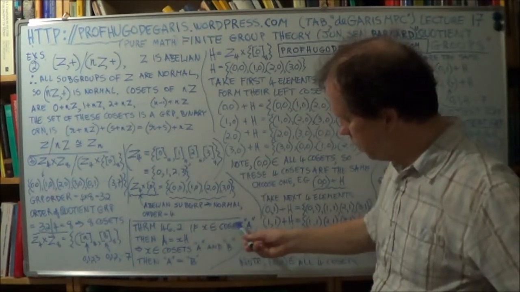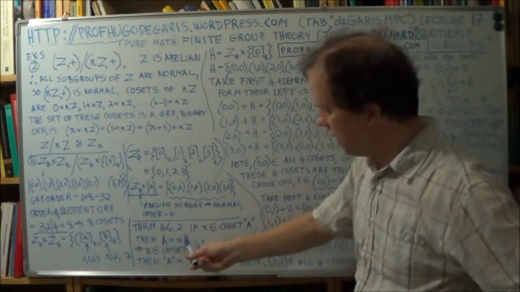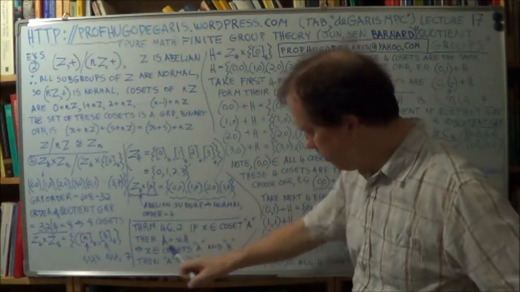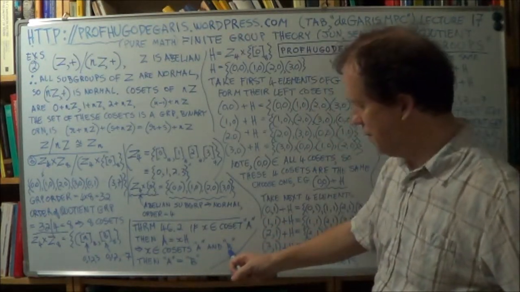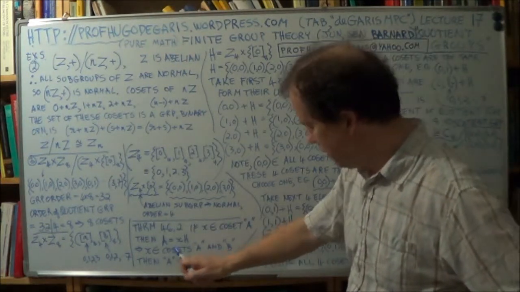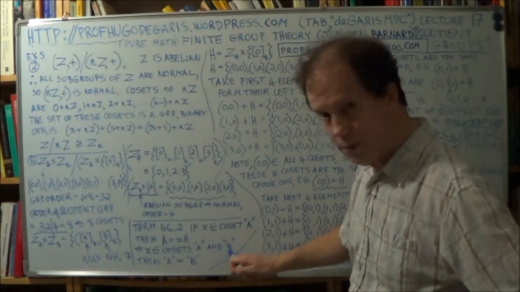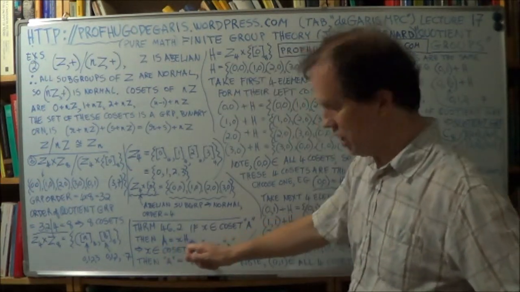So if X belongs to the coset, that coset is XH, right? So if you have an element that belongs to two cosets, A and B, then A is XH, and coset B is XH.